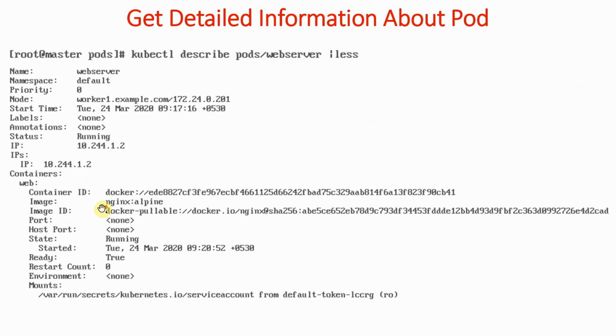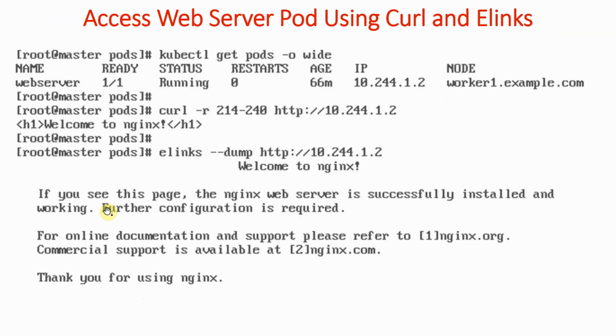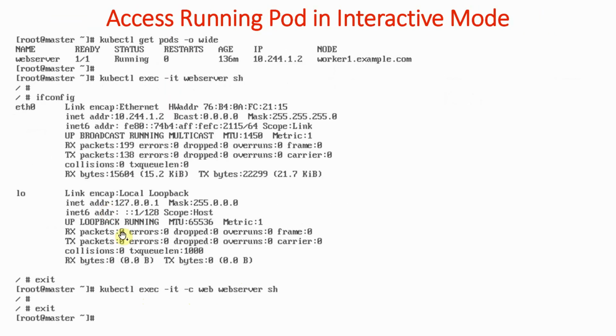That is why when we run this command, we are specifying: please kubectl exec, go into interactive mode, and access which container? Our web container. If only one container is there, no need to specify the name of the container. By default, it will take you to that container. So again, we will exit. So this was how to access a running pod in interactive mode.